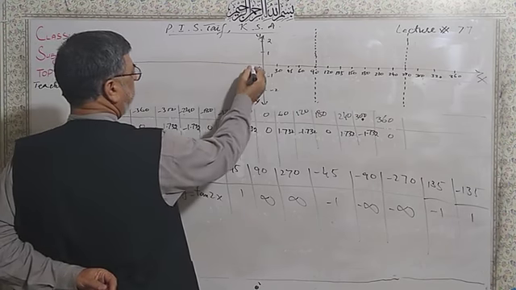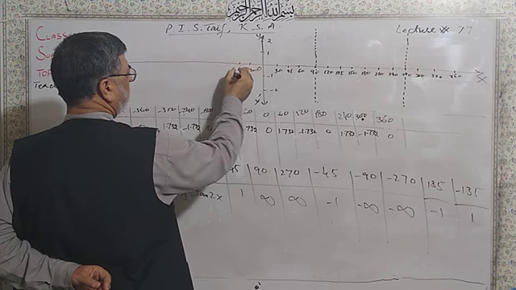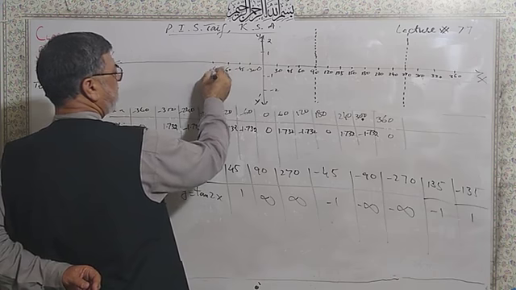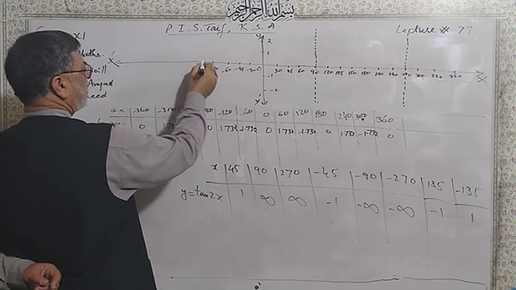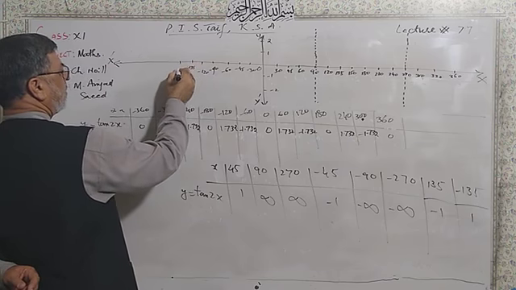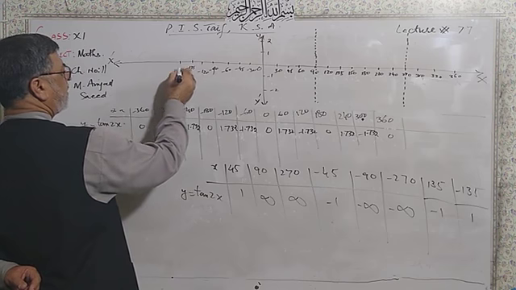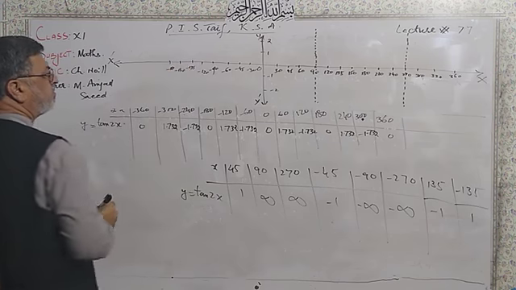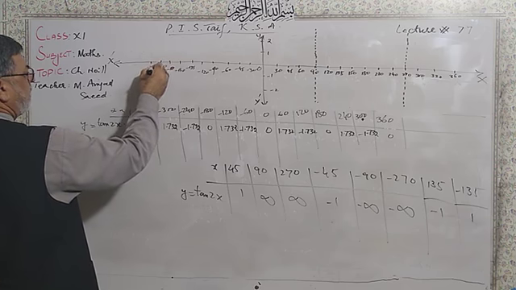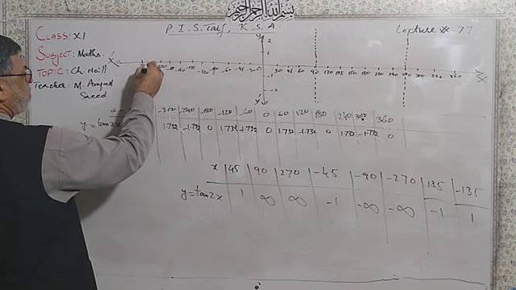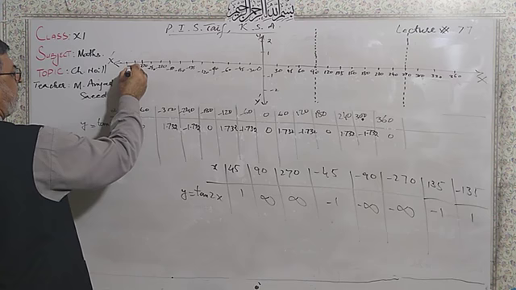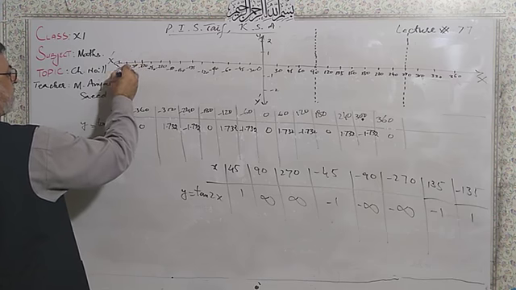Then minus 30, minus 45, minus 60, minus 90, minus 120, minus 135, minus 150, minus 180. Then minus 210, minus 240, minus 270, minus 300, minus 330 and minus 360.